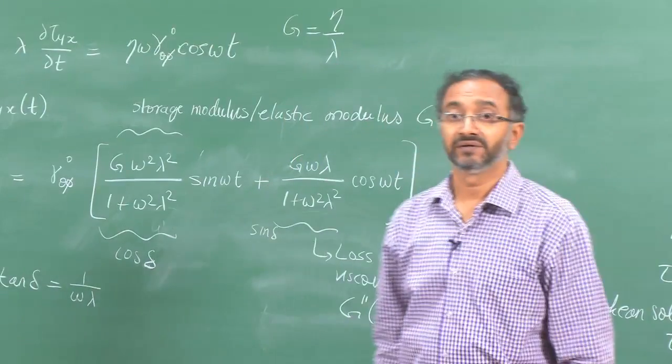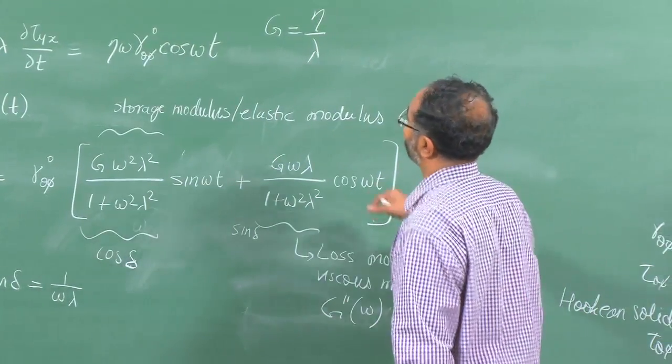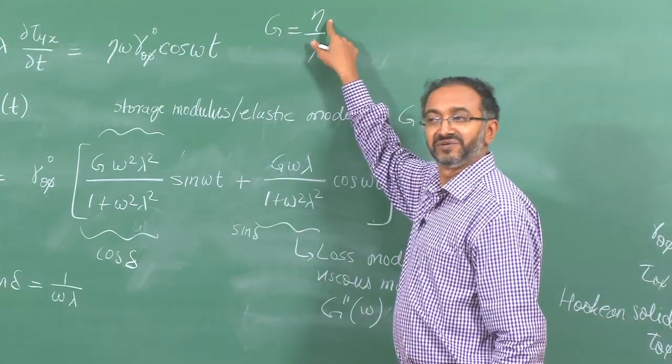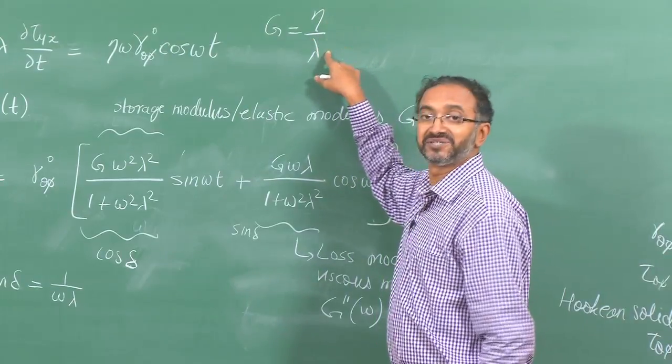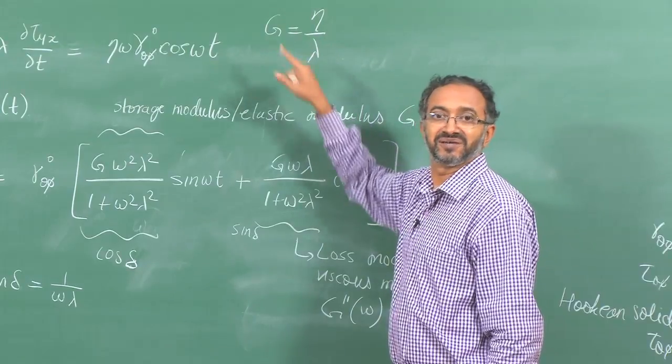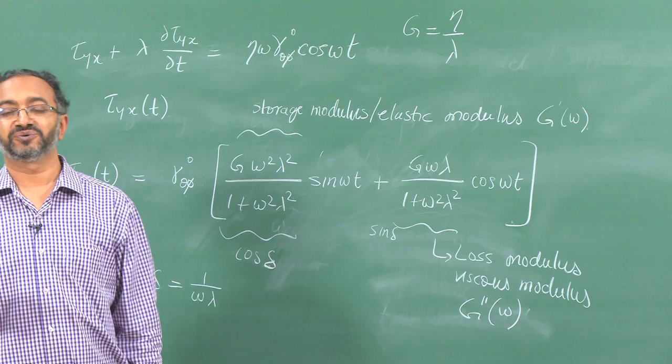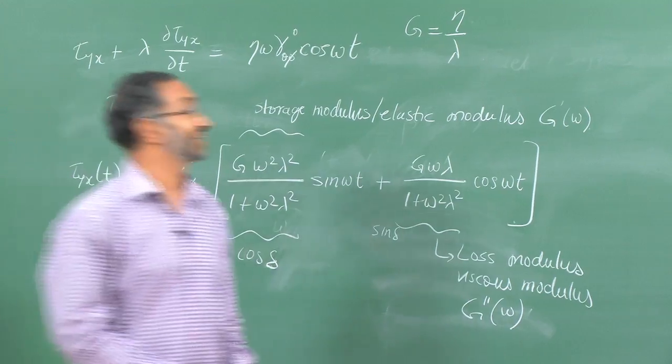Please check the dimensions on eta: same as viscosity, Pascal second. The dimension on lambda is second, so therefore the dimension is Pascal, it is a modulus, right. We are using the symbol G to indicate that we are working with shear.